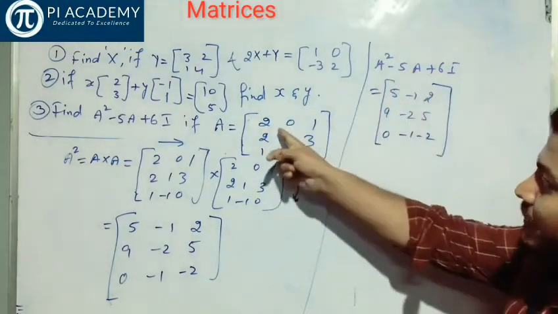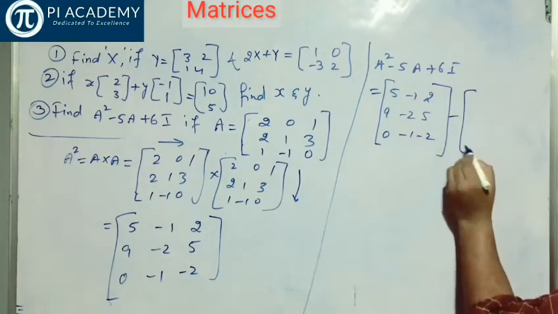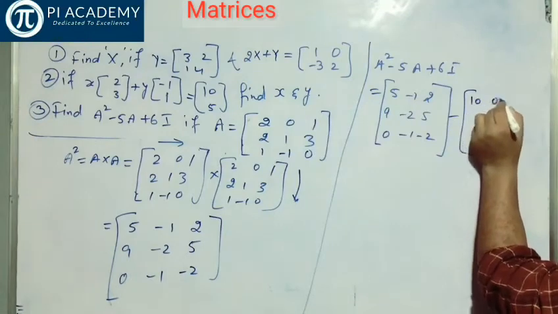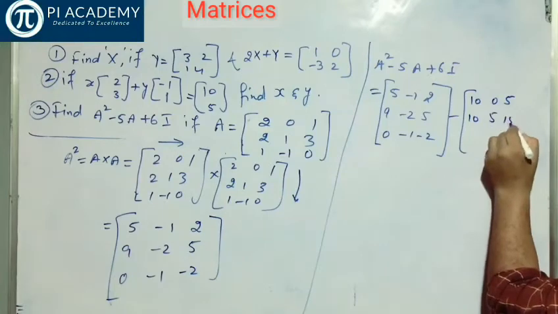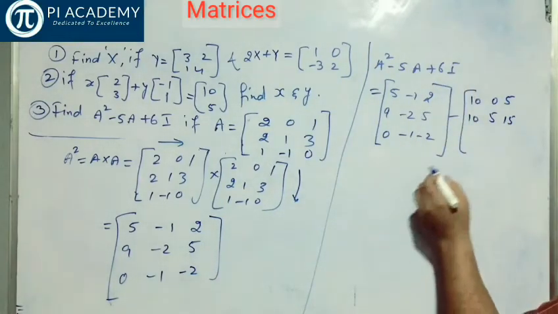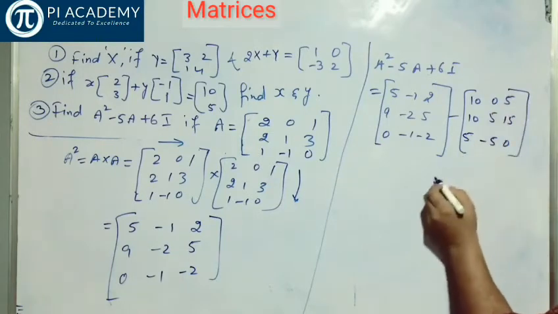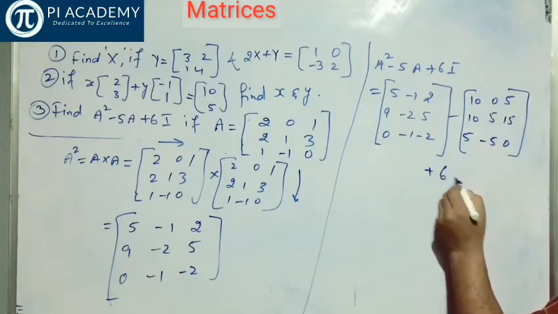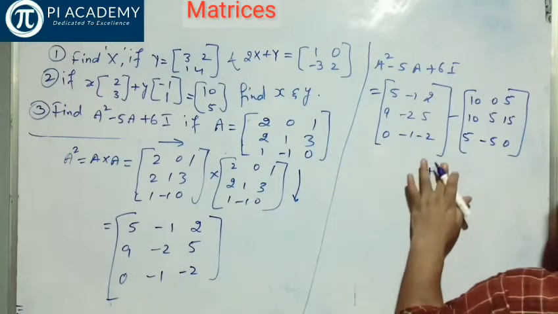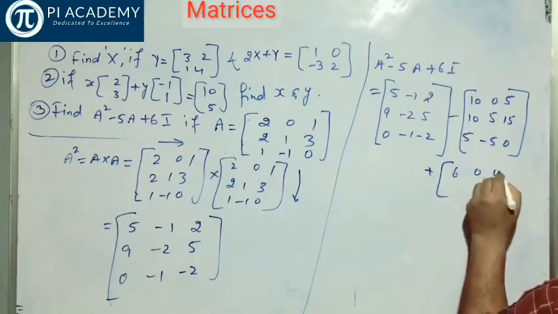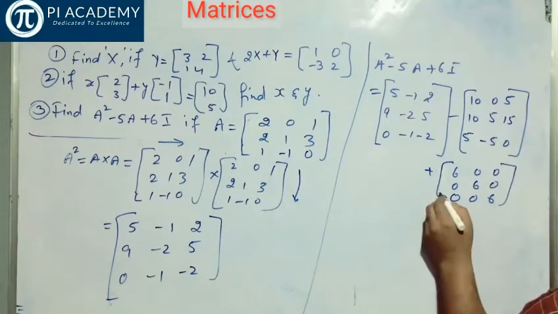So directly I will multiply 5 with A. So minus 5A becomes 5 twos are 10, 0, 5, 10, 5, 15. Then the 5 minus 5 and the 0. And I'll write down the identity matrix. 6 into the identity matrix means the diagonal elements will be 6. So directly I'll write that. Hopefully you can understand. 6 0 0, 0 6 0, 0 0 6.